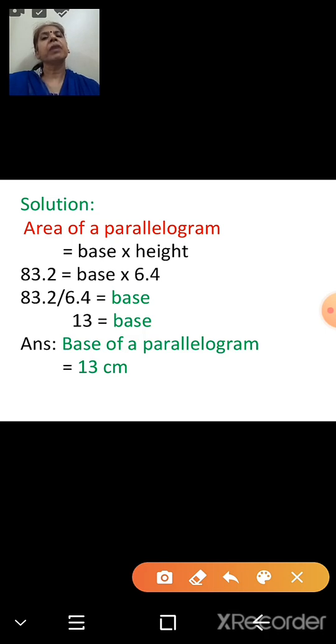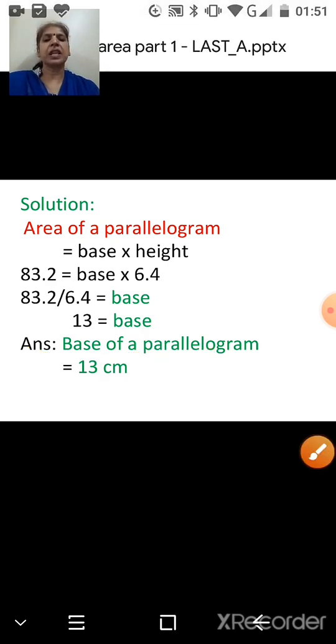It will become 832 divided by 64. Then reduce to lowest terms or directly divide, and you will get the answer 13. Write the answer in a statement: base of a parallelogram is 13 centimeters.